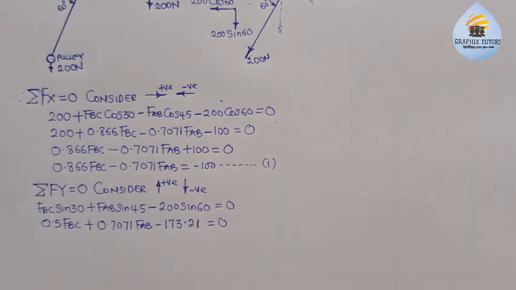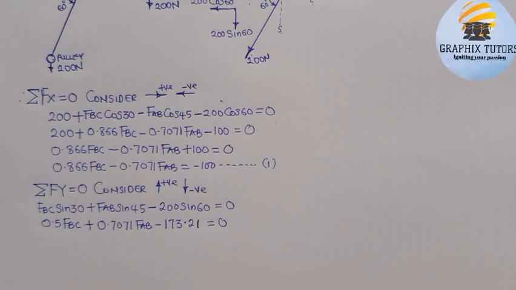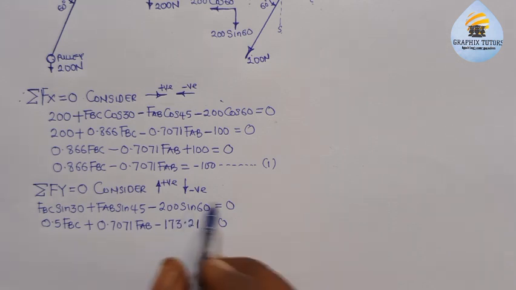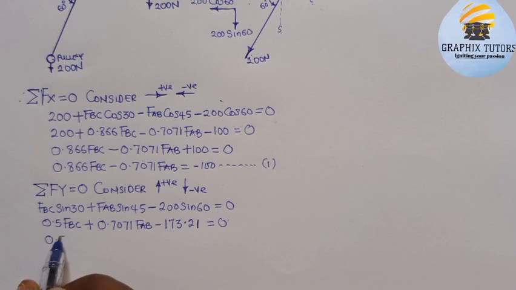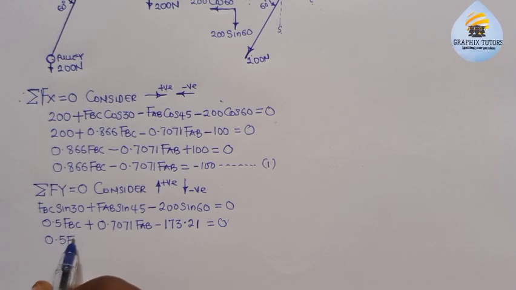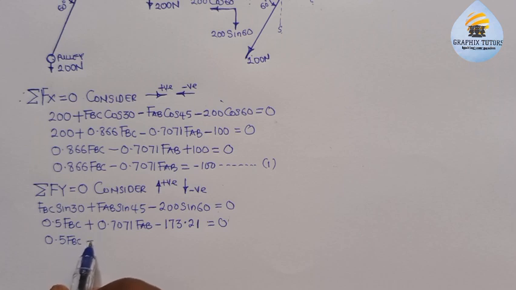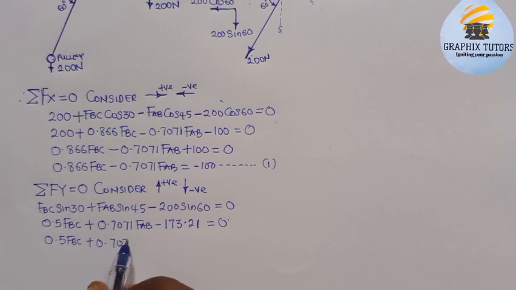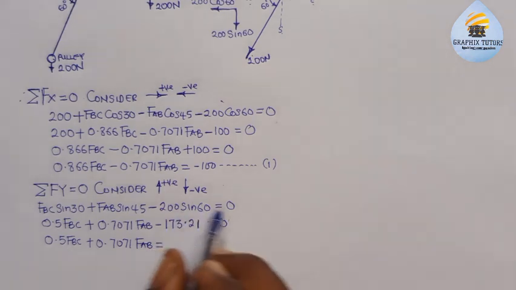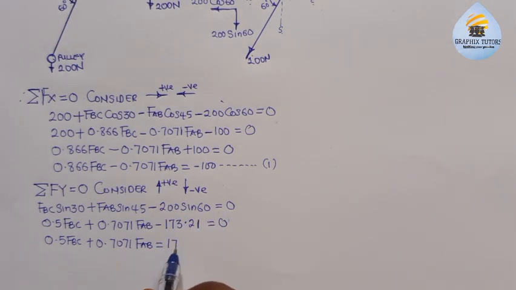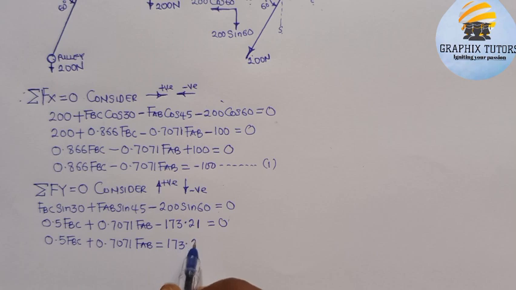If we move forward, take this to the other side, so this will be 0.5 FBC plus 0.7071 FAB equals to, this will come to the other side positive, 173.2.